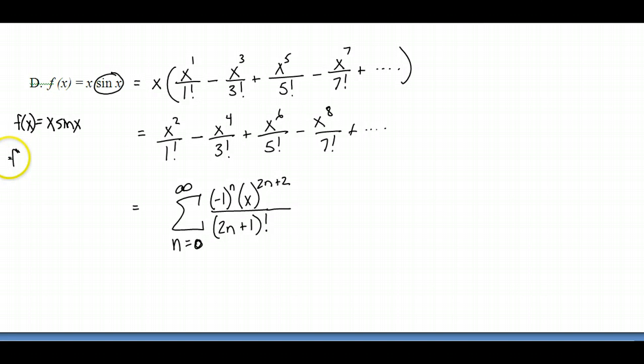You use your product rule, and as soon as you start using your product rule, it's just going to get bigger and bigger and bigger usually as you go through this. So keep the things that you know. You should know how to write e to the x as a polynomial. You should know how to write sine x as a polynomial, and cosine of x as a polynomial very quickly, because once you know the polynomial, it's not hard to create the power series.